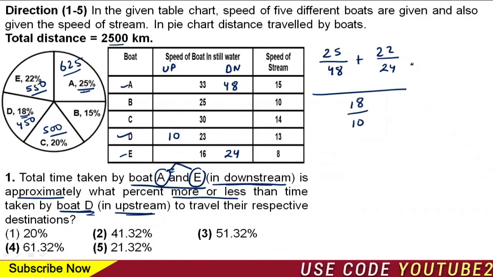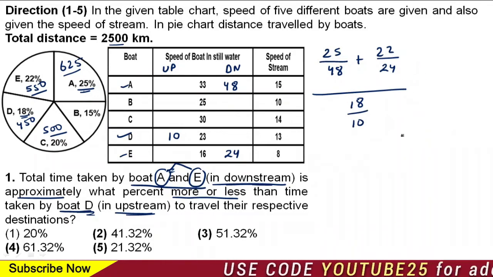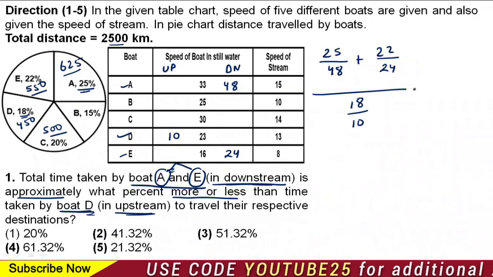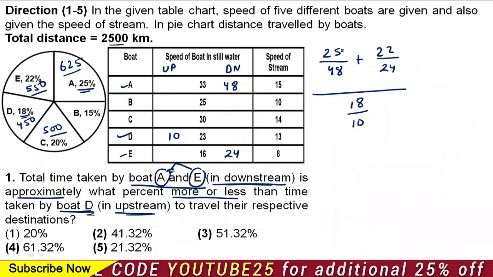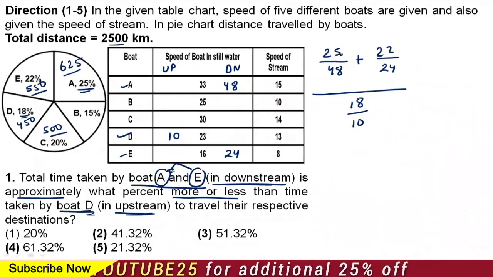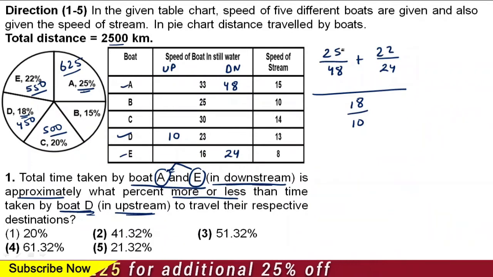Now, all we need to do is simply compare the numerator and denominator and see how much the difference comes down to. See guys, it won't make much of a difference, because 25% will be 25% of 2500, and over here also it will be 22% of 2500. So that way 2500 is going to get cancelled. So we can completely avoid this.